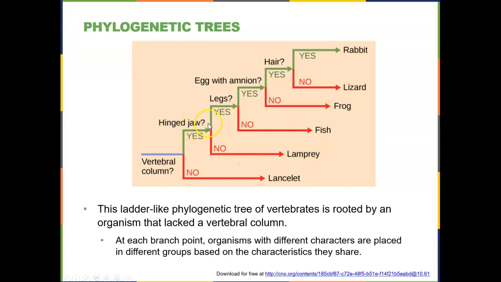Then we have another question: do we see legs? I'm sorry, here's the hinged jaw, my apologies. So the hinged jaw. Then we have another question that says, do we have legs? Then we go on to fish and other organisms. We answer these questions all along the way. So the question is this portion right here.